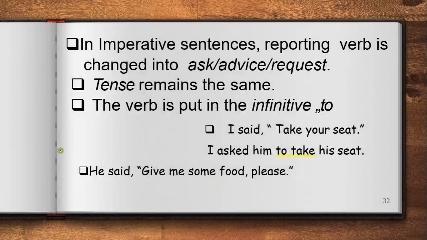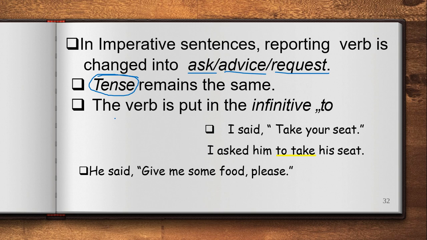In imperative sentence, the reporting verb is changed into ask, advise, request. And also the tense, you remember this one. This is an exception, guys. If direct speech is present tense, the indirect speech must be present tense. There is no changing of tenses in the imperative sentence.